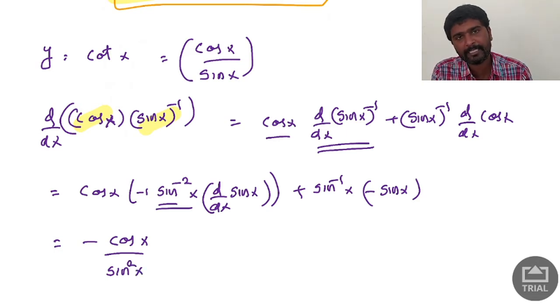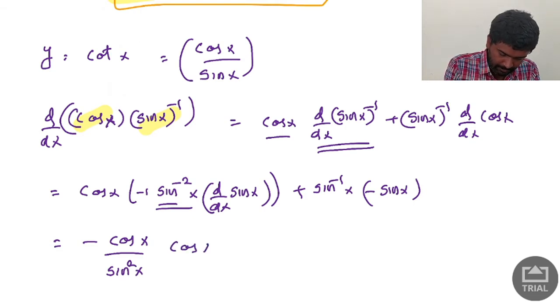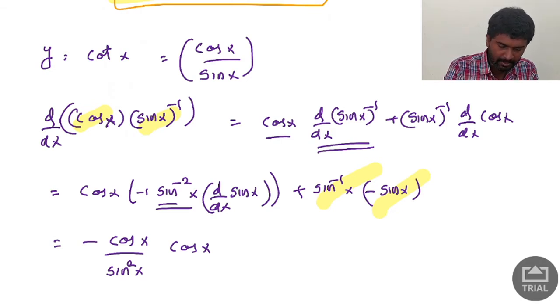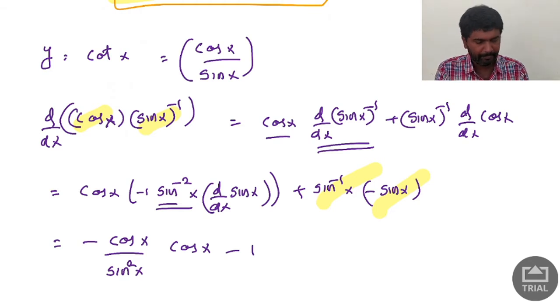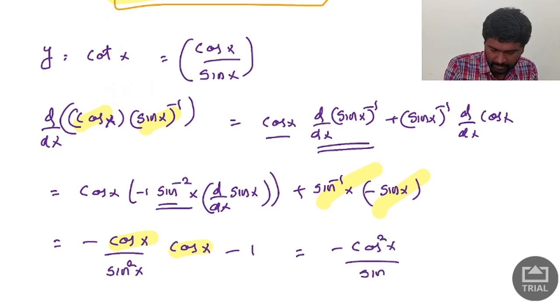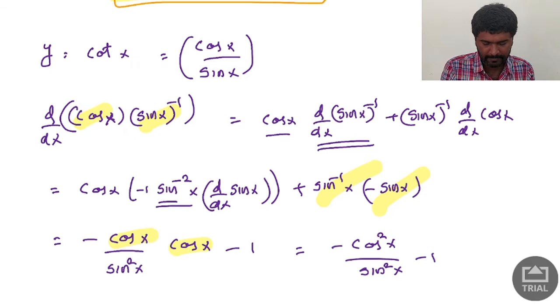Then d by dx of sin x is cosine x. Plus, in this there is sin x and sin power minus 1 x, so you get 1, and the minus sign is there, so you get minus 1. Now cosine x into cosine x gives cosine square, that is minus cosine square x by sin square x minus 1.